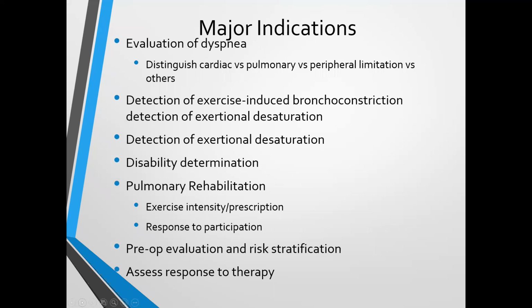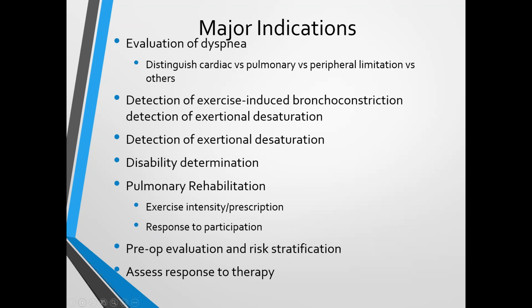So some major indications: the evaluation of dyspnea, okay? The reality is cough and dyspnea are two of the most common signs and symptoms of pulmonary disease, but they're not specific to pulmonary disease. They're commonly found in pulmonary disease.